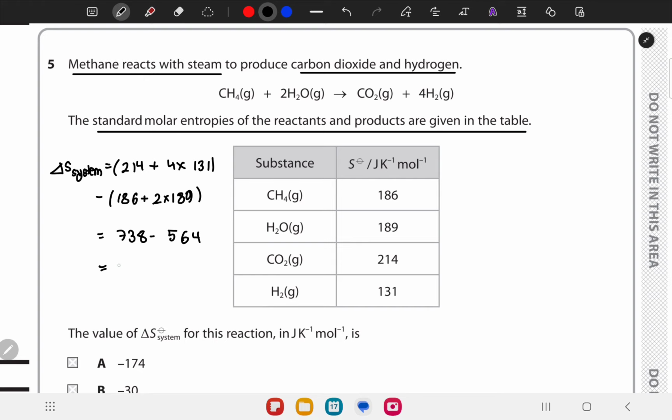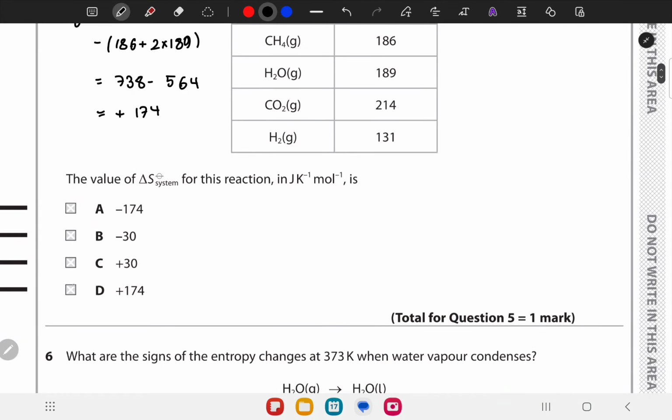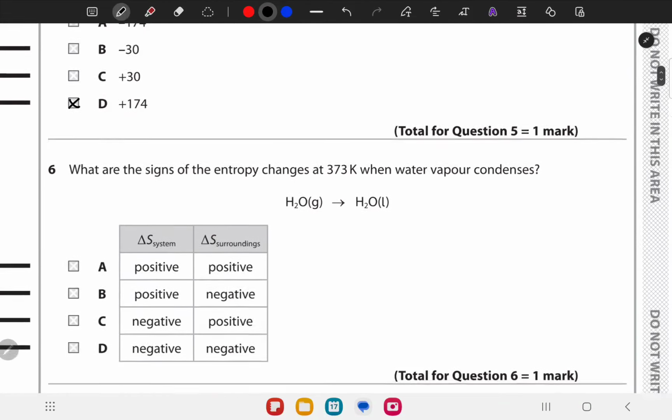This will be plus 174. So option D is our answer.